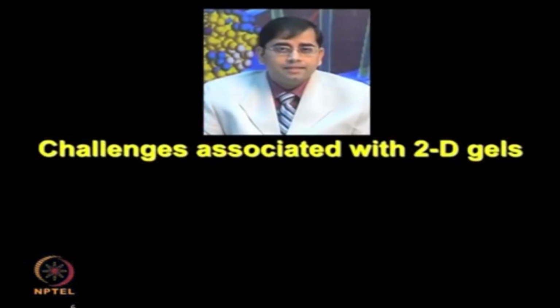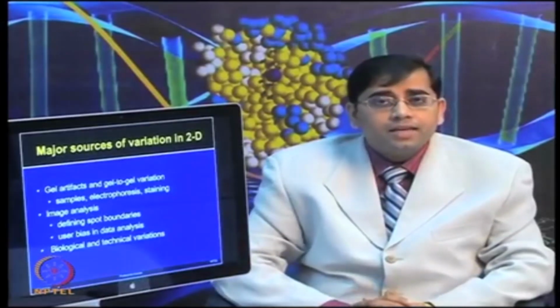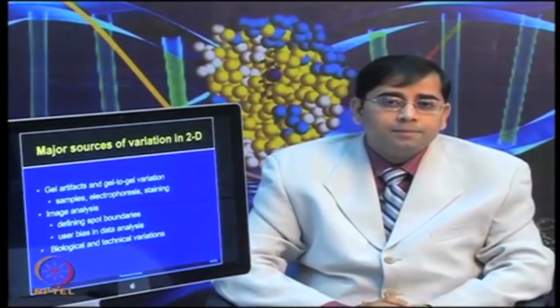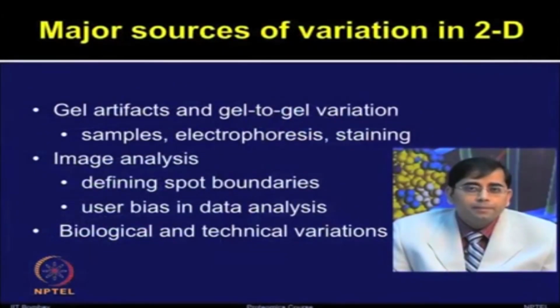There are various challenges associated with two-dimensional electrophoresis. Mainly, gel artifacts are major limitations. How to compare two gels, how to minimize the variations. Often during the electrophoretic run, there is a lot of run to run variation. Then you have different types of technical and biological variations.